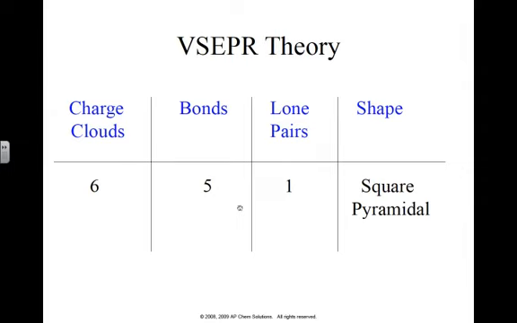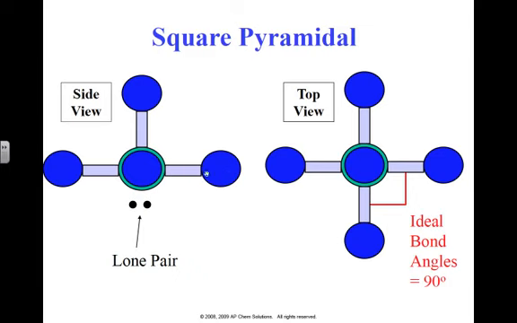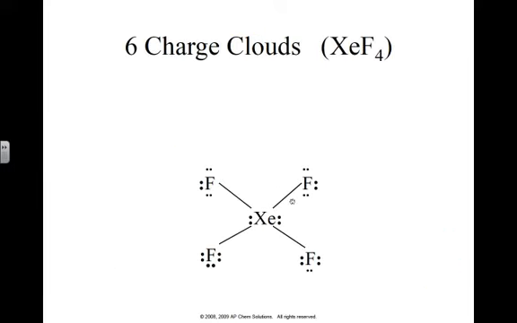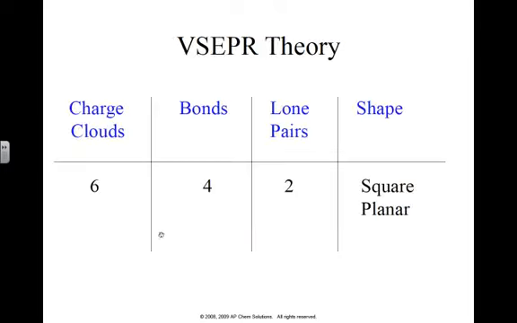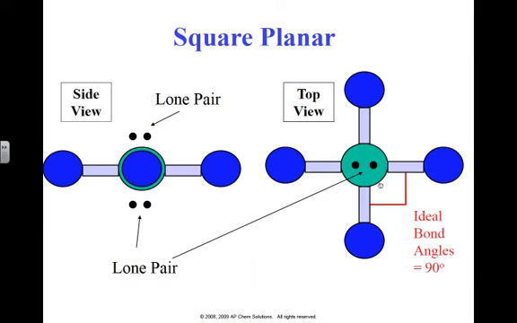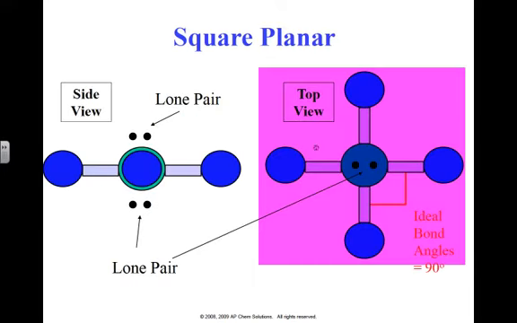I have an extra pair right here, so it's 6 clouds, 5 bonds, 1 lone pair. We call that square pyramidal. Why? Because we have a square in the x-plane, and it's going up to a pyramid right here, square pyramidal, 90-degree angles. XeF4, or xenon tetrafluoride, is going to look like this. I got 2 extra pairs now, so it's going to be 4 bonds, 2 extra pairs. We're going to call that square planar, just because it looks like a plane square.